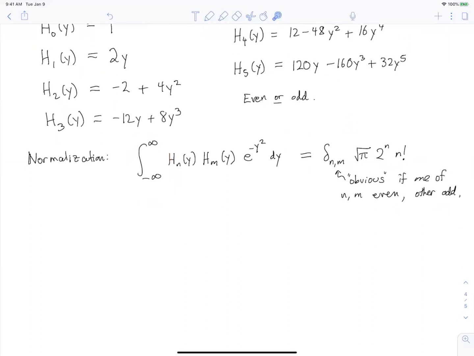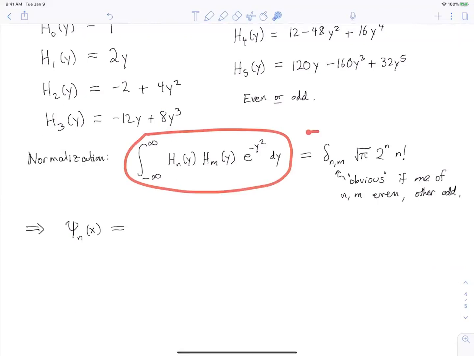Okay, so finally we can put everything together and get the wave function. I'm going to change y back into x, and label each stationary state wave function by the n that goes with it. I'm going to work out from this normalization condition, including the whole thing, what the normalization in front is.